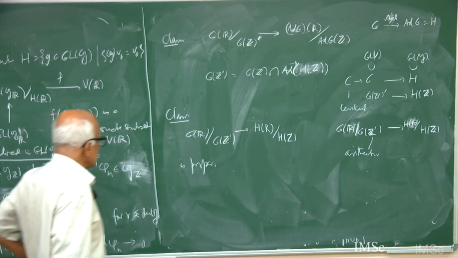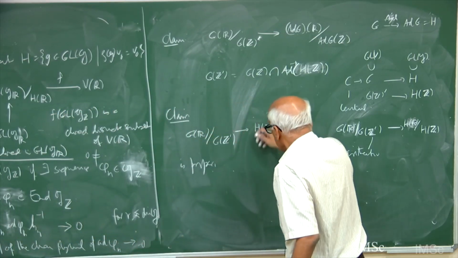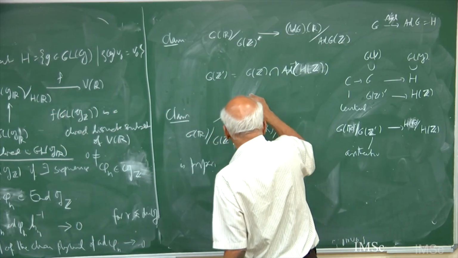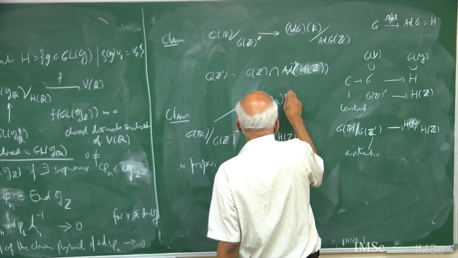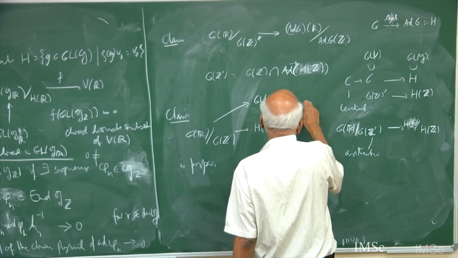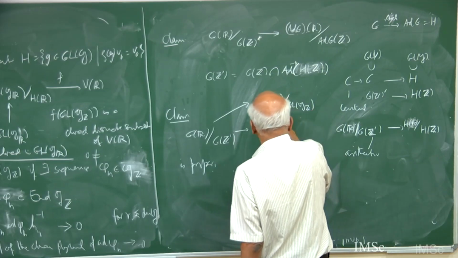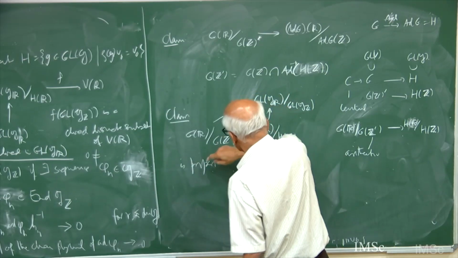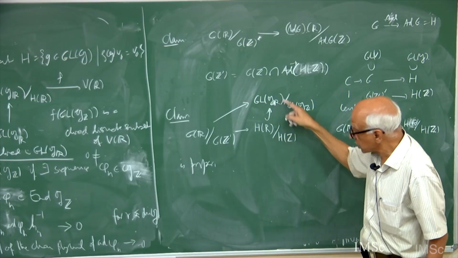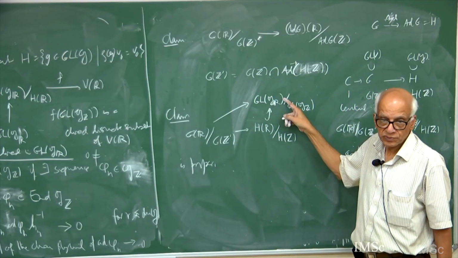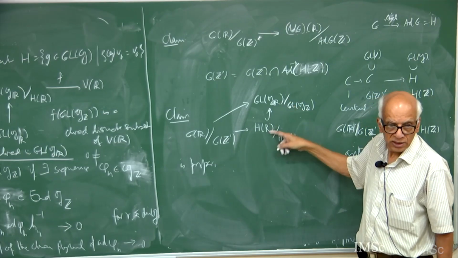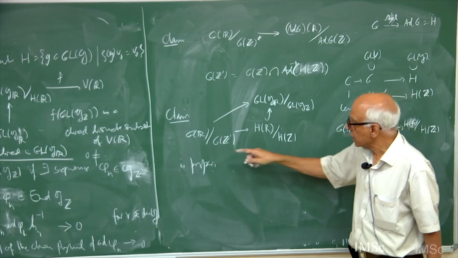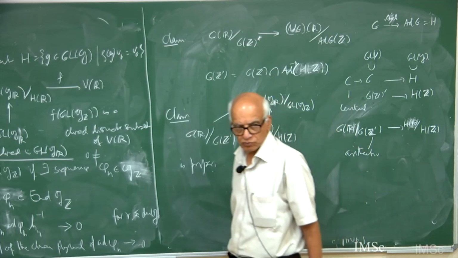In fact, or equivalently, you can go all the way to GL(V, R)/GL(V, Z). You can say this mapping is proper because we know that this is proper already. We know that this is compact and the image is compact. This is a compact space, this is a proper map. So it's enough to prove that this mapping is proper.